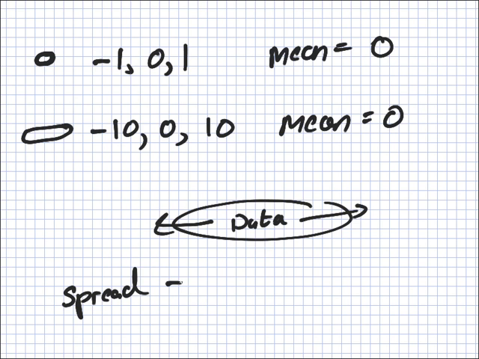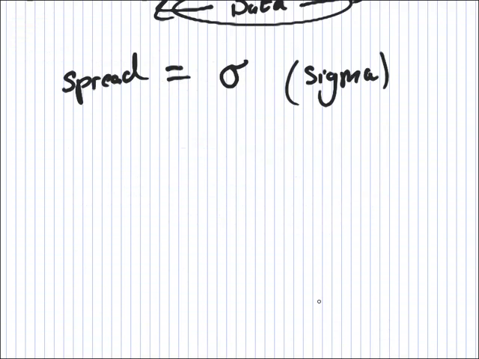We can do that using a statistic called standard deviation, which is represented by the Greek letter sigma here. Now, I'll give you the formula for what it is, and then we'll explain exactly what it means. Okay, so can I scroll down? Yes? So let's just call our data x1, x2, etc. up until xn.